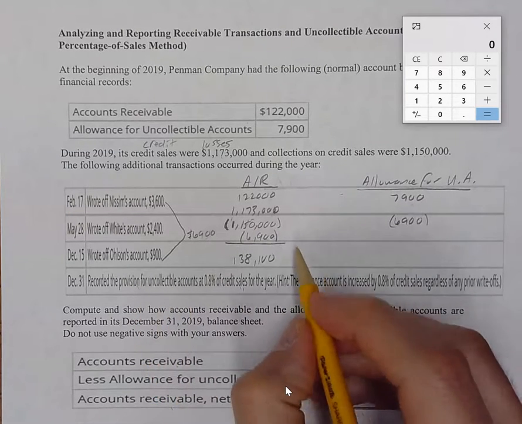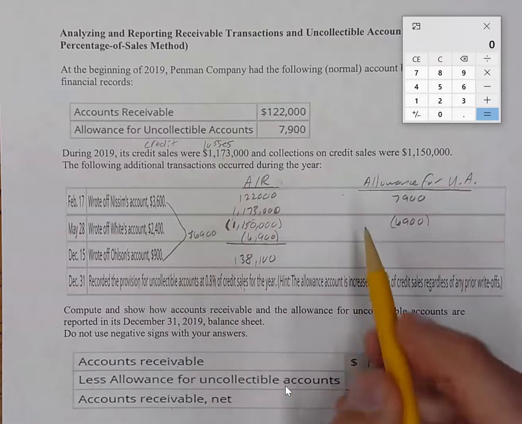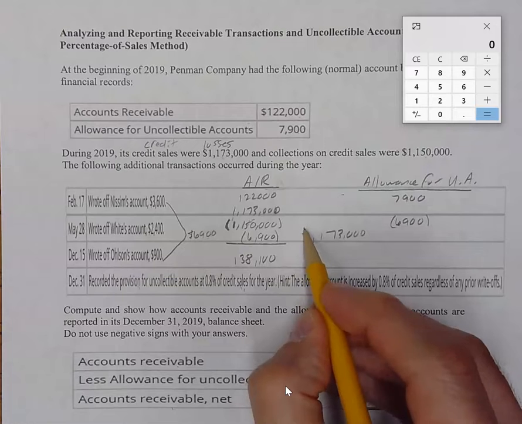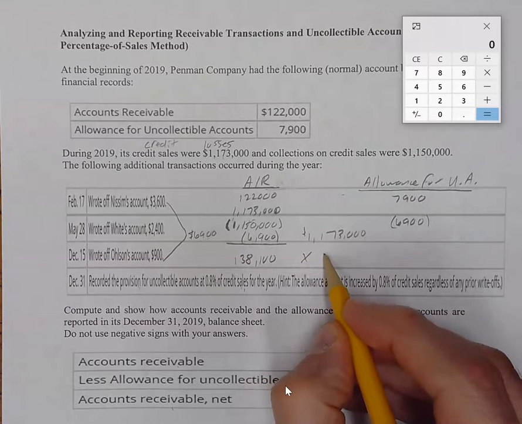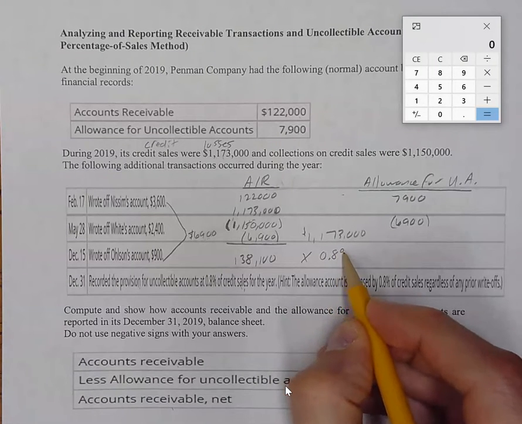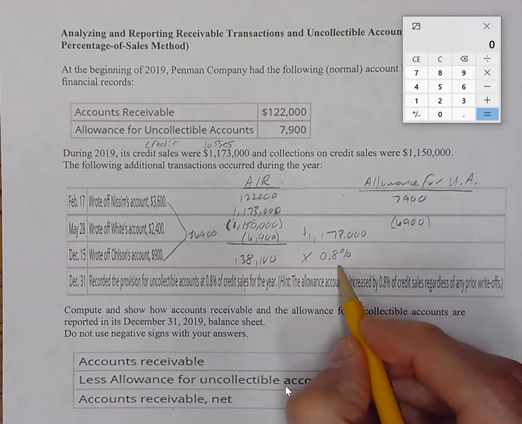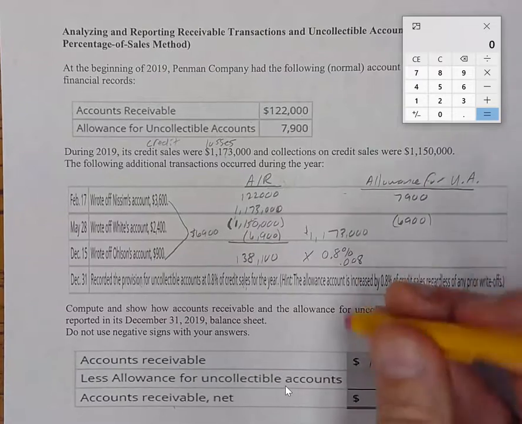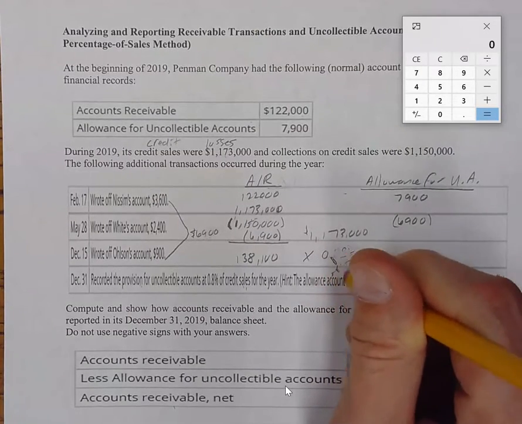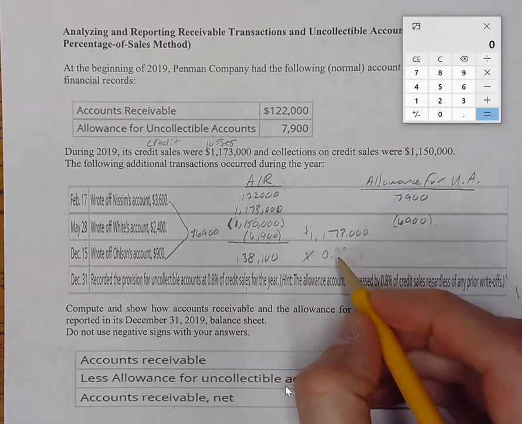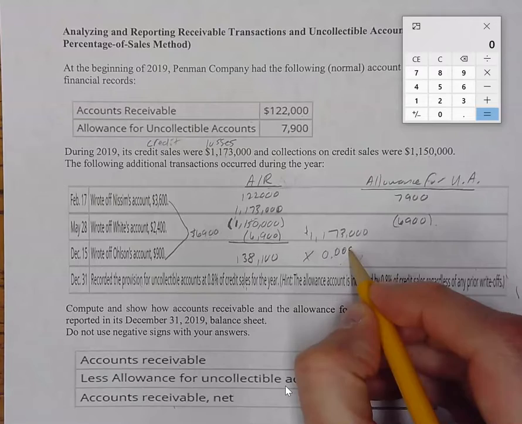So I'm going to write down, we had credit sales of $1,173,000, and we need to multiply that by 0.8%, or 0.008 would probably be the better way to do that.